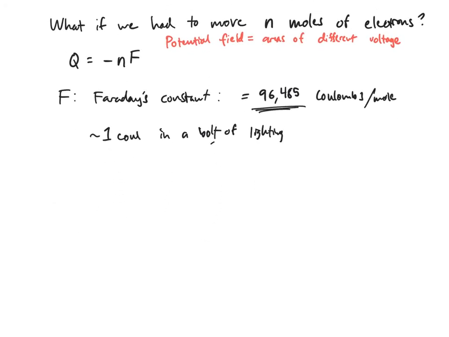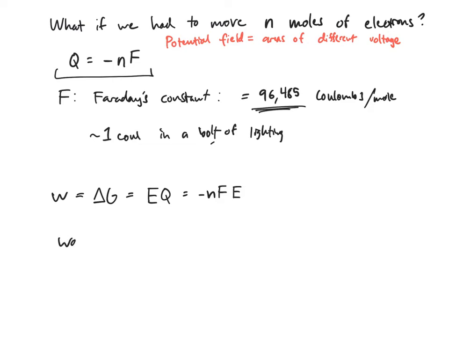So now let's consider this work equation that, remember, we saw at the beginning of the lecture. The work is equal to the delta G. We also saw that work is equal to E times Q. And we have the formula for Q up here for this transfer of electrons. So this just equals negative N for the number of moles of electrons times Faraday's constant times that change in voltage.